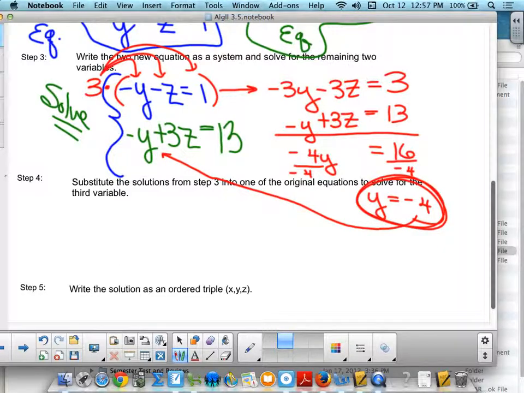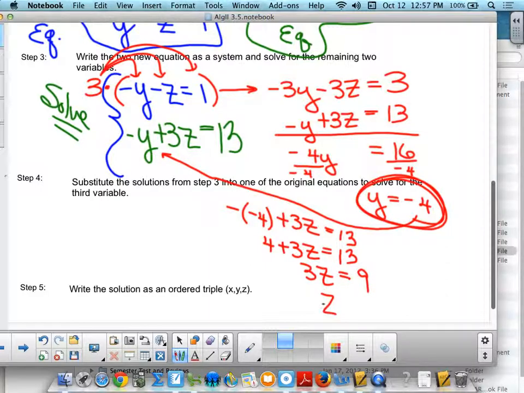So that says negative, negative 4 plus 3z equals 13. Negative, negative 4 is positive 4. Subtract the 4, you get what? 9. Divide by 3, you get what? 3.